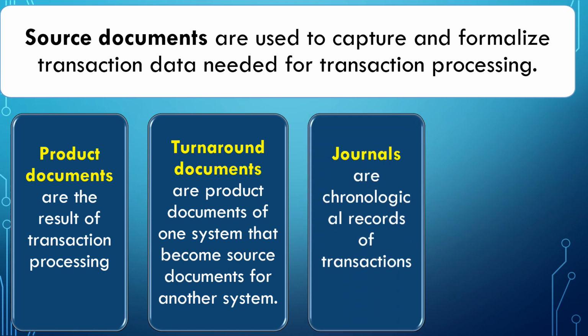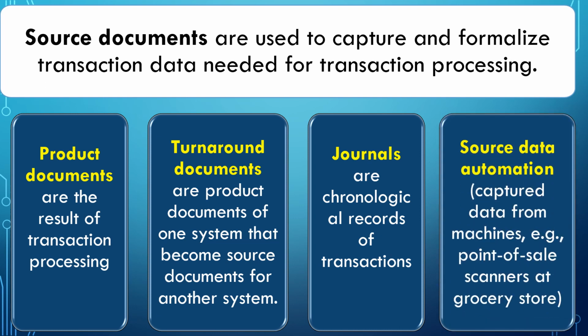Then journals are the chronological records of the transactions, so it's a way of combining the transactions into one list of records. And then we have source data automation, because we are talking about accounting information systems.